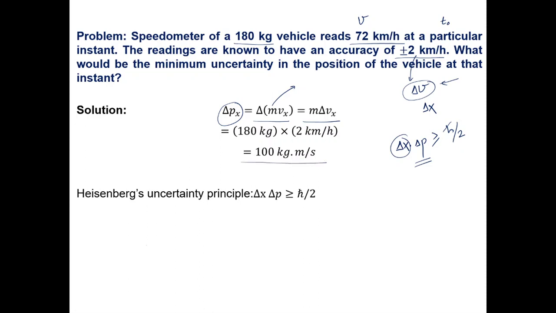Now we feed this back into the uncertainty principle, and what we find is the delta in the position comes to be 0.5 into 10 power minus 36 meters.